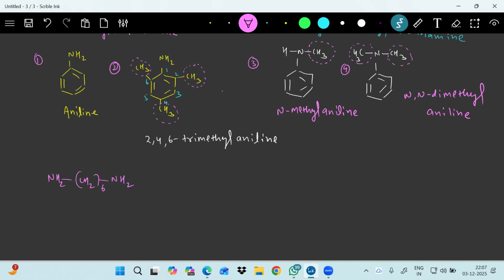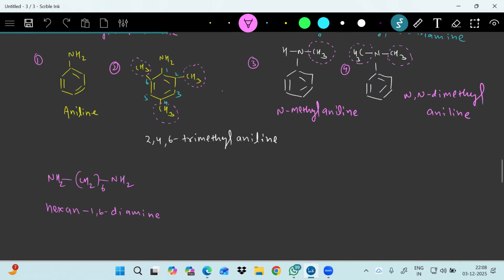And hexane means 6 carbons. Hexane 1,6 diamine, because the NH2 group is present on the first carbon and the last, sixth carbon. Yeah, correct. I thought only one carbon was there, so I forgot about the position. Okay.